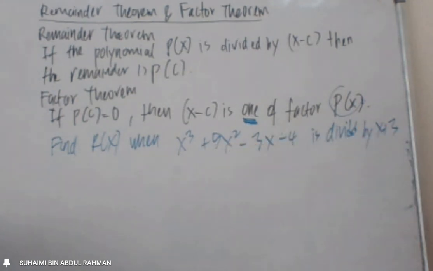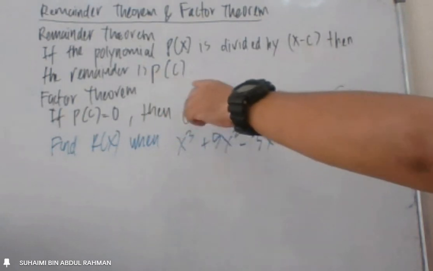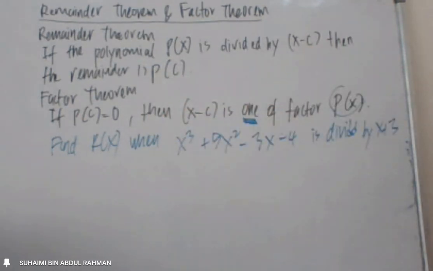If the polynomial is divided by x minus c, then the remainder is P(c). Not to find the remainder yet.